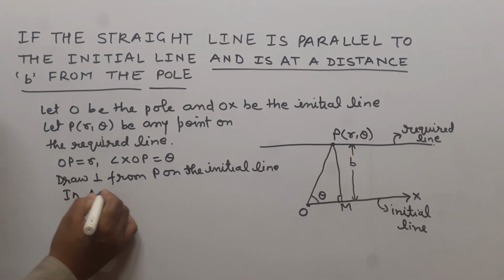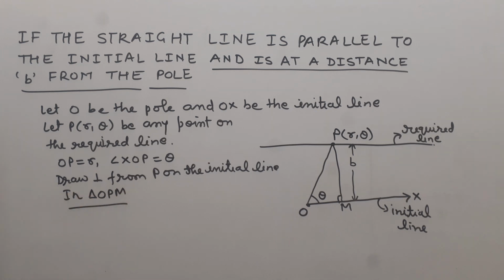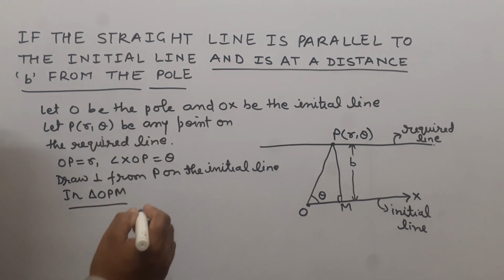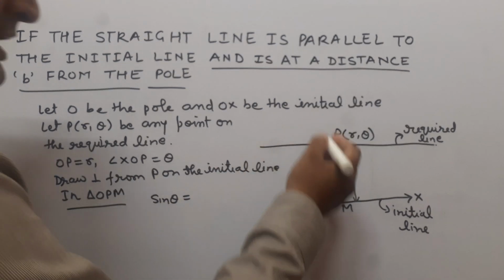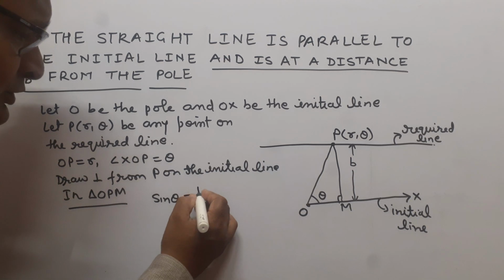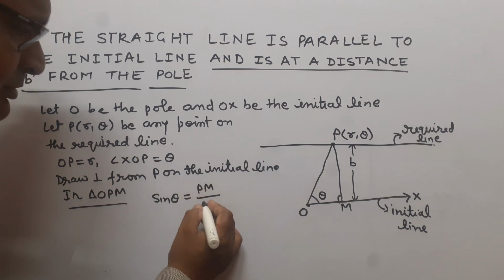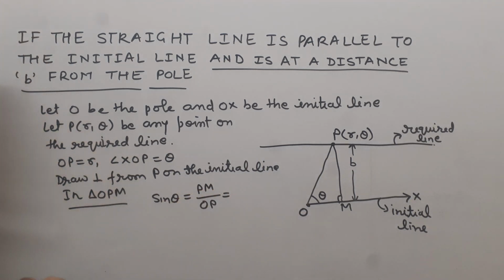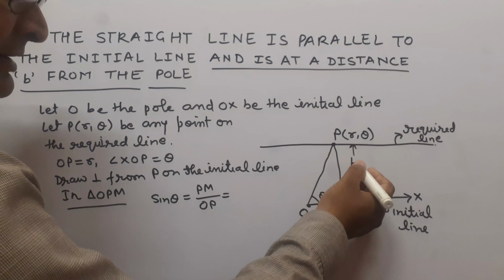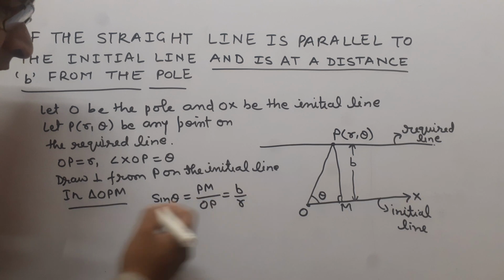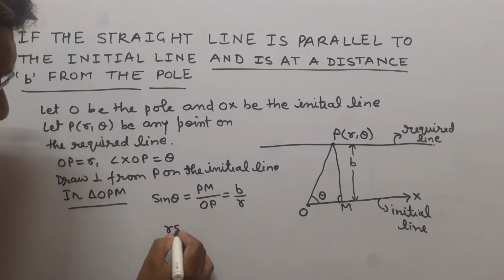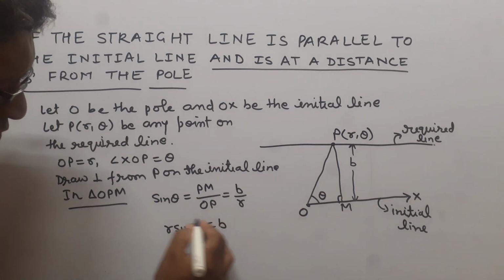In triangle OPM, if we find sine theta, sine theta is equal to perpendicular upon hypotenuse, that is PM upon OP, and we know that PM is here small b and OP is here small r. So r sine theta is equal to b.